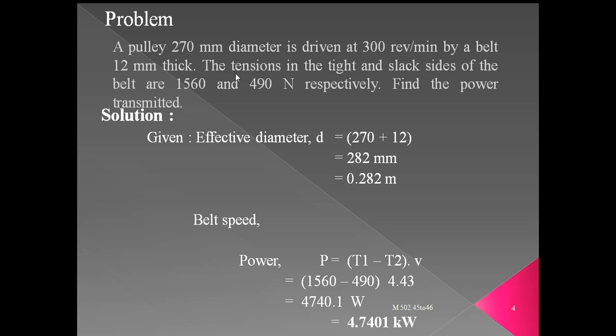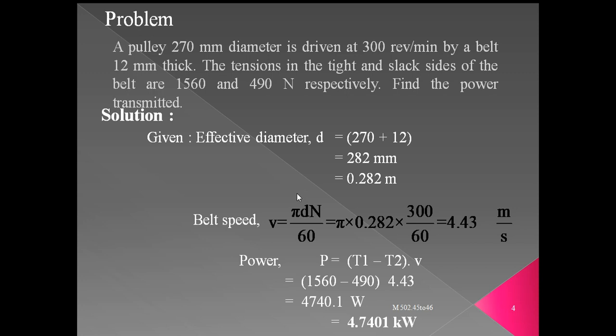The tensions in the tight and slack sides of the belt are 1560 and 490 newtons respectively. Find the power transmitted. Here the effective diameter of the pulley is 270 plus 12, that is 282 mm, so 0.282 meters.